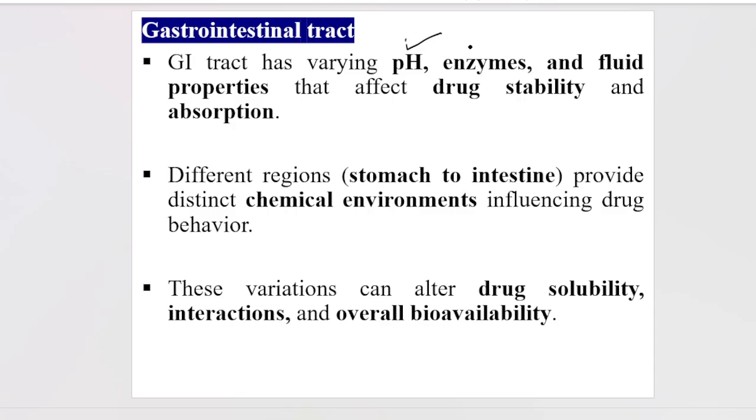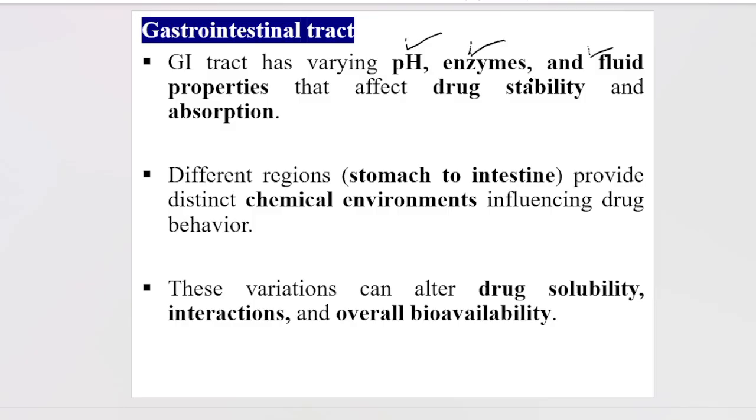We have enzymes, which play a very important role in the drug absorption process, and there is fluid, which also plays a very important role in the absorption of drug. So the GIT has varying pH, enzymes, and fluid properties that affect drug stability as well as the drug absorption process.